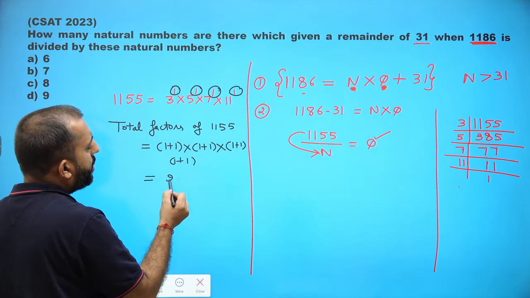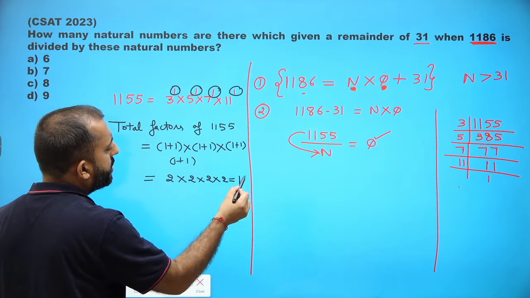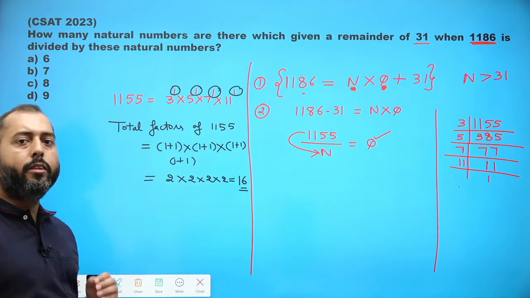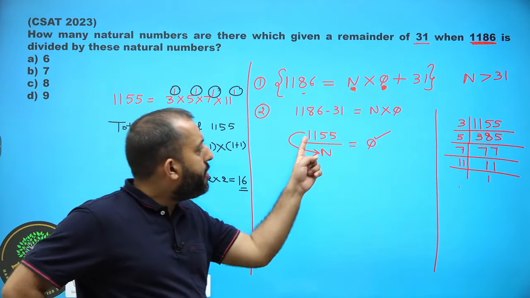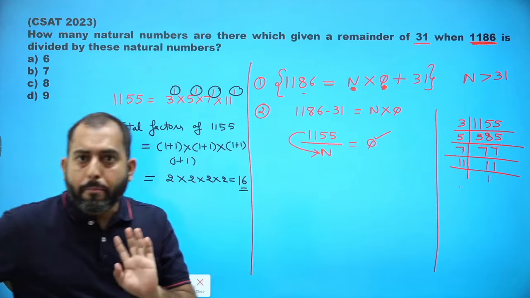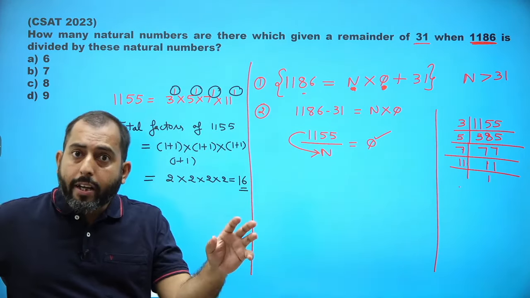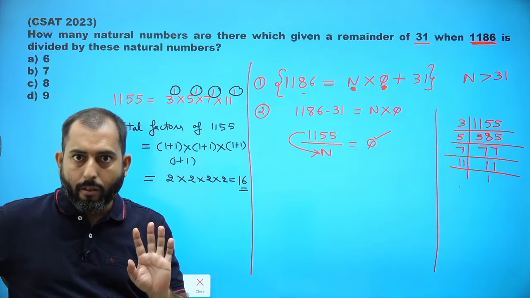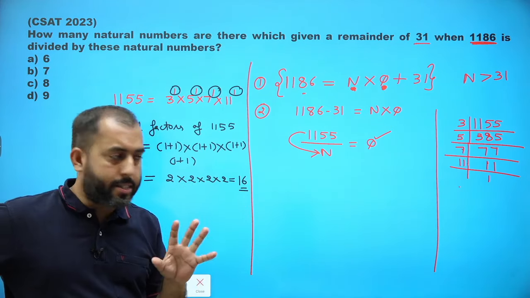It finally becomes 2 into 2 into 2 into 2, which is 16. It means there are 16 numbers that will divide 1155 completely. So the total values that n can take over here is 16.